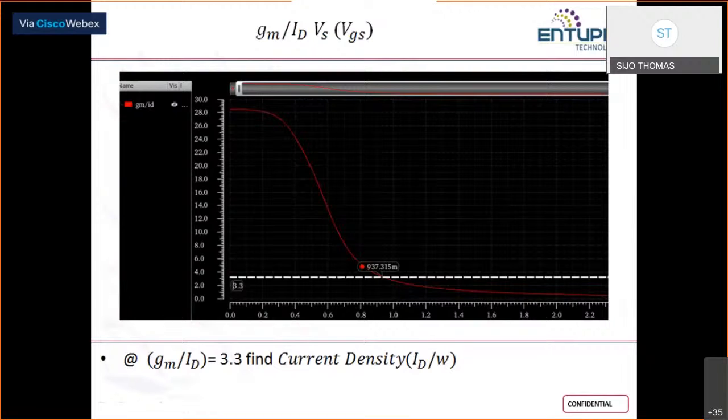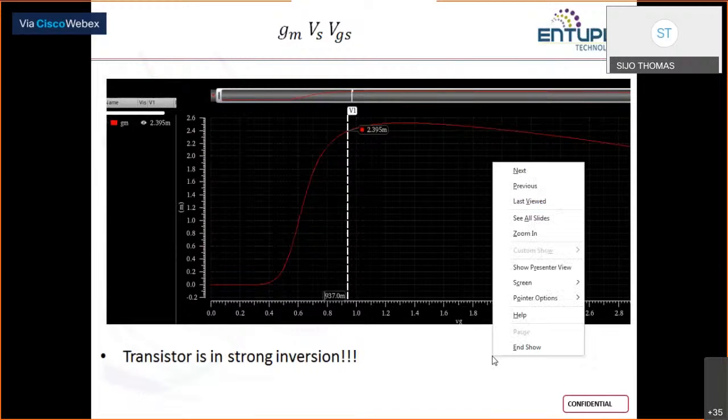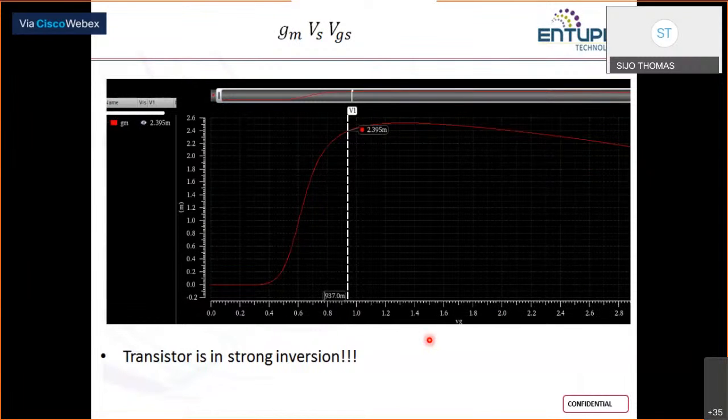So we can reconsider the gm/ID value. This is the gm curve for the corresponding VGS of 937, and as we have seen from the graph, it is already in strong inversion. So we are reconsidering the gm/ID.